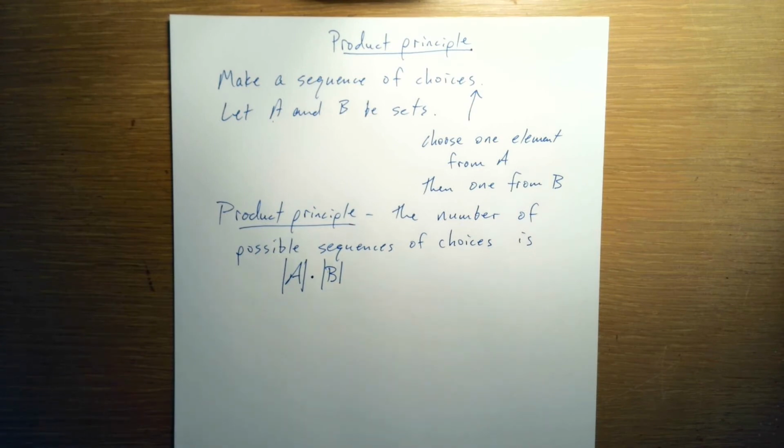And so each choice in A gives rise to B number of choices in B.